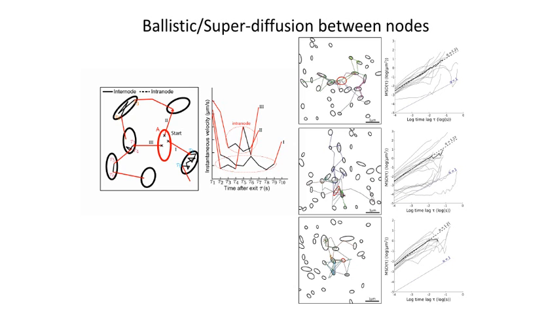Now, the second step was to study what happened between these regions of high confinement. So we started here with this region A, which is a node. So this is the starting point, and we looked at all trajectories starting from here and looking at what will be the next step.